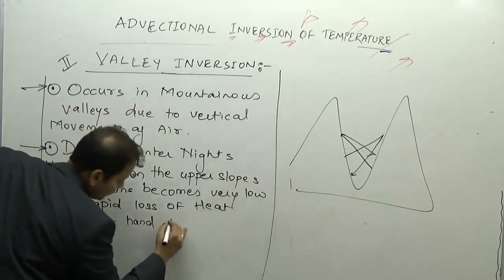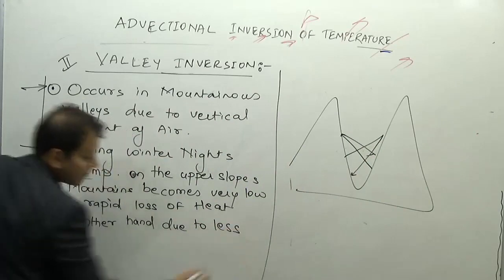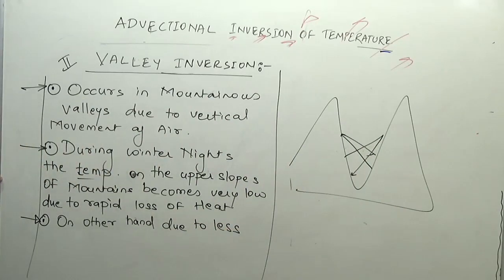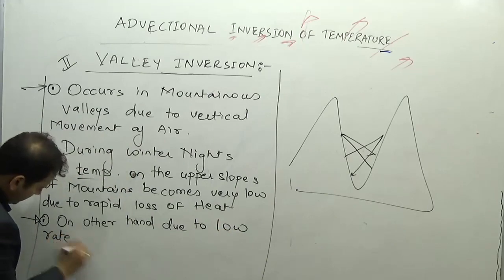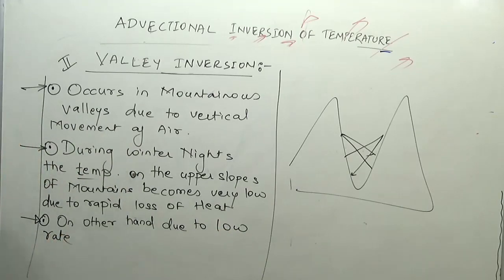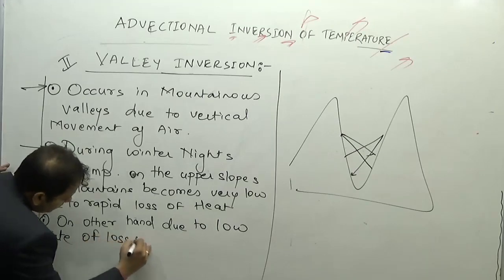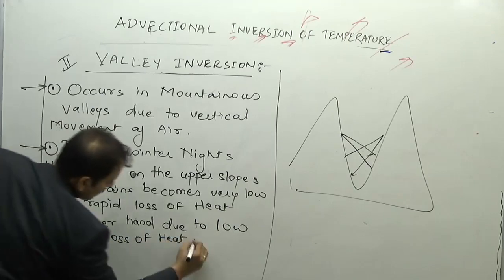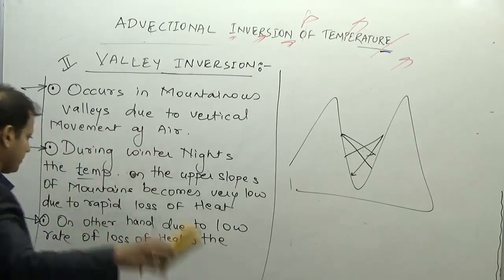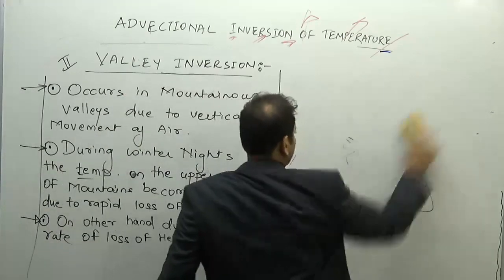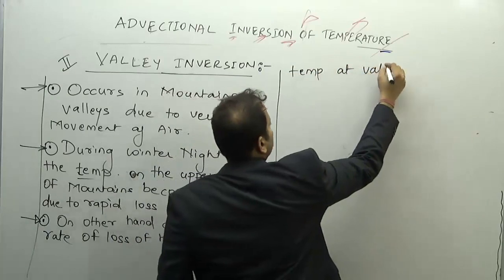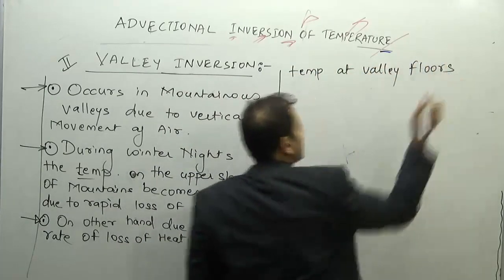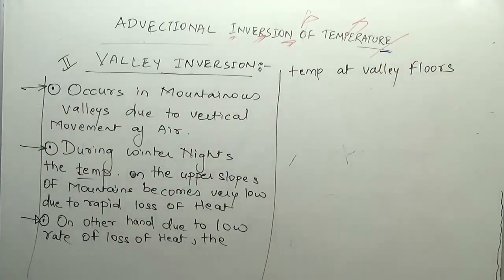On the other hand, due to the low rate of loss of heat, the temperature at valley floors remains comparatively warm.